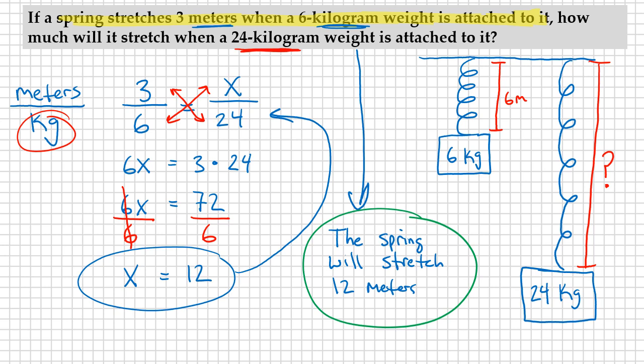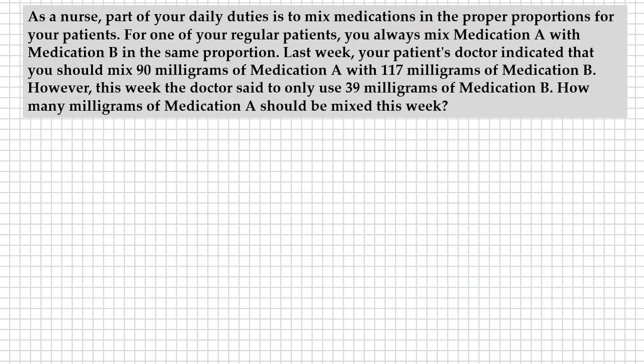All right, so I think I got one more lined up. As a nurse, part of your daily duties is to mix medications in the proper proportions, keyword proportion, for your patients. So there's a little bit more text here, but it's the same type of problem.